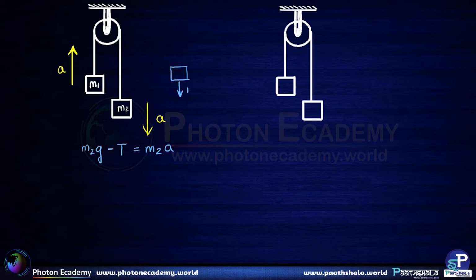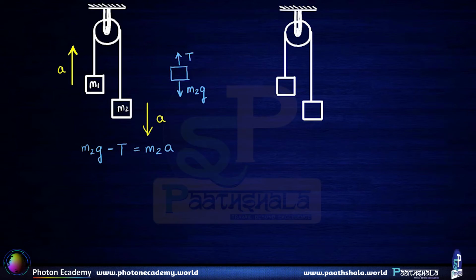The downward force on the mass m2 is m2g, and the upward force on the mass m2 is the tension force. So for the mass m1, we can write down similarly T minus m1g is equal to m1a.